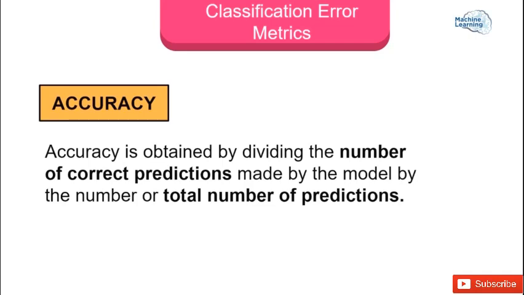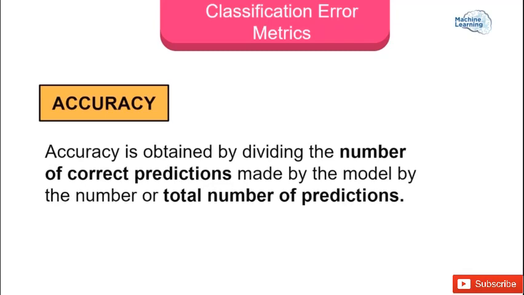Accuracy is one of the most common classification criteria. Fortunately, it's easy for us to understand. So it's really intuitive what it's measuring, right? So in classification problems, accuracy is obtained by dividing the number of correct predictions made by the total number of predictions made.